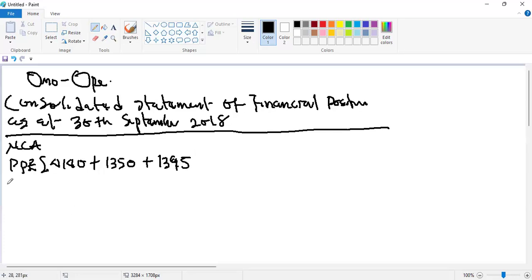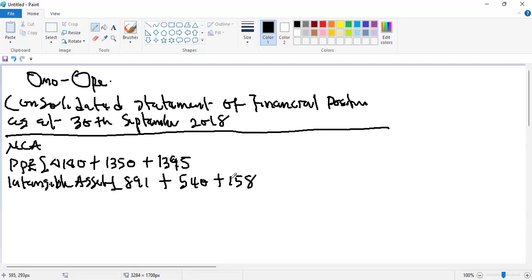The intangible assets: 891 plus 540 plus 158. Goodwill.